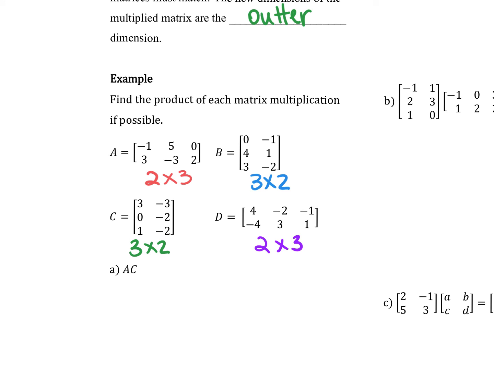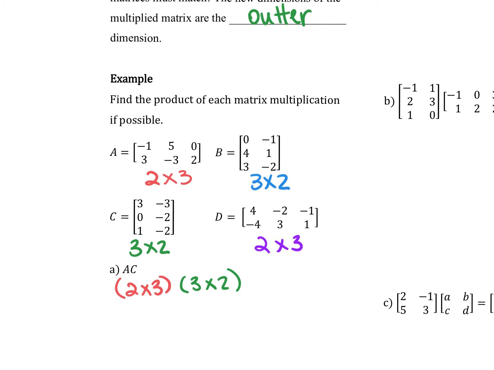I want to multiply A by C. The first thing I do, write out the dimensions. So A is a 2 by 3, and C is a 3 by 2. Got that?